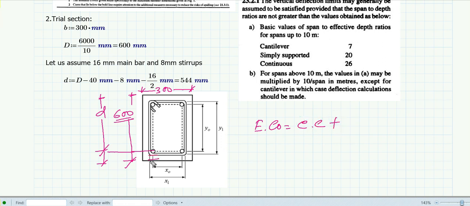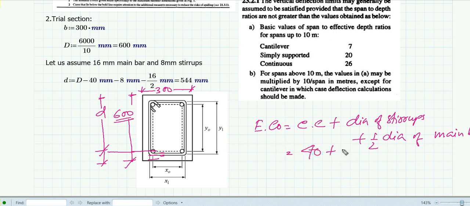Effective cover is the clear cover plus the stirrup. What is the diameter of the stirrup? Dia of stirrups, plus half of the dia of the main bar, because up to this height we are trying to find out. For clear cover we are assuming 40, dia of the stirrup we have assumed as 8, so it is 8, plus half of the dia of the main bar, we are assuming 16.